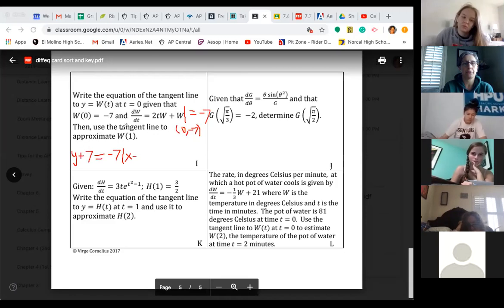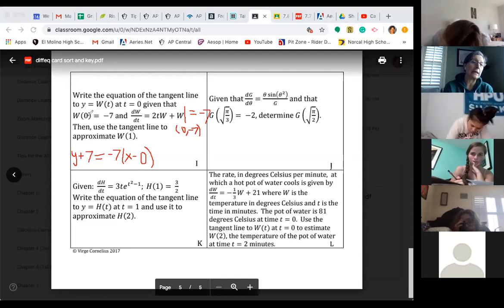And so that's that 0 there. And that tangent line, as long as we stay close to the point of tangency, and the point where t is 1 is going to be kind of close to t equals 0. It's not going to be super close, but I think for the purpose of this, that's what we're supposed to do here.